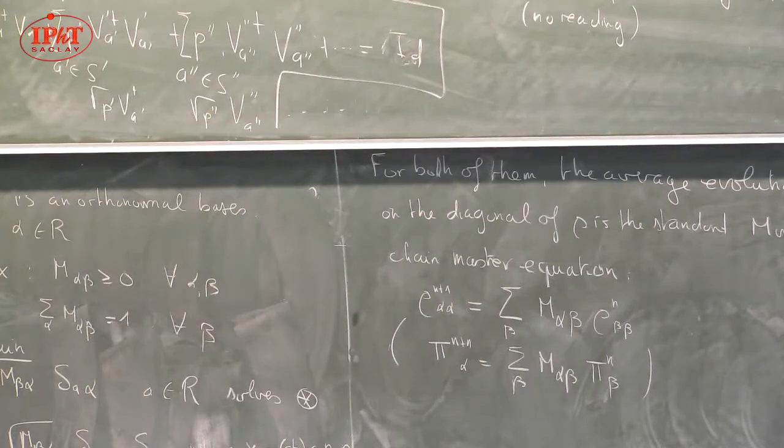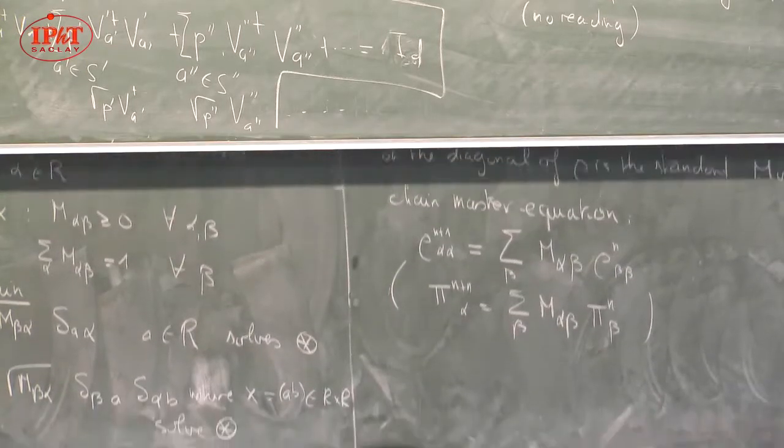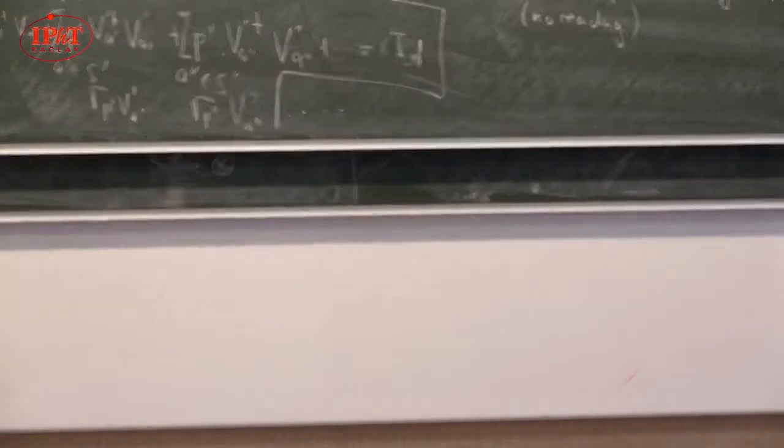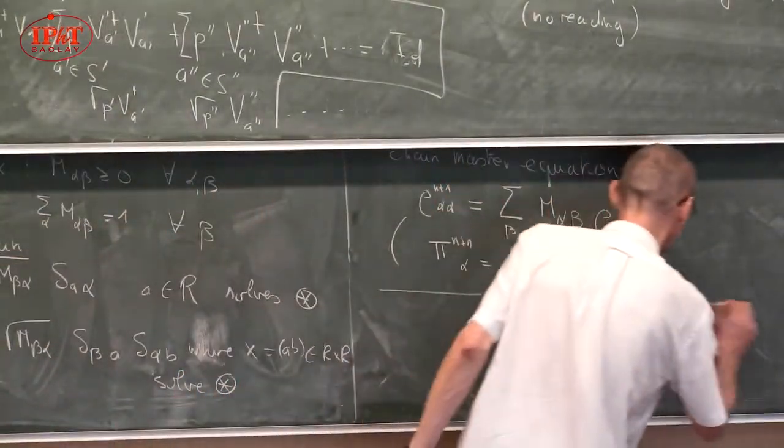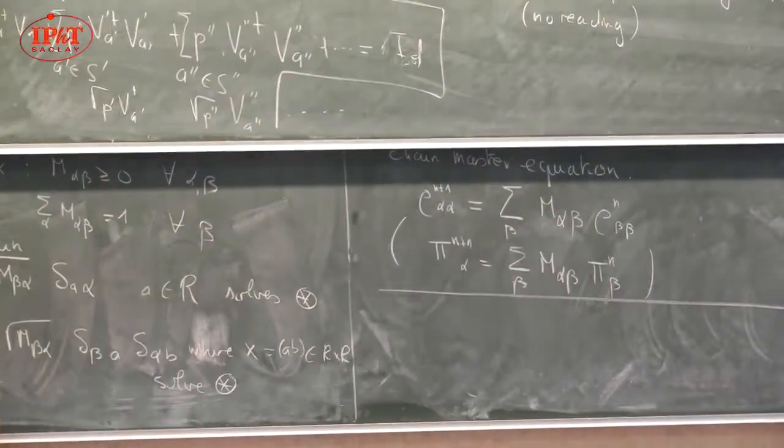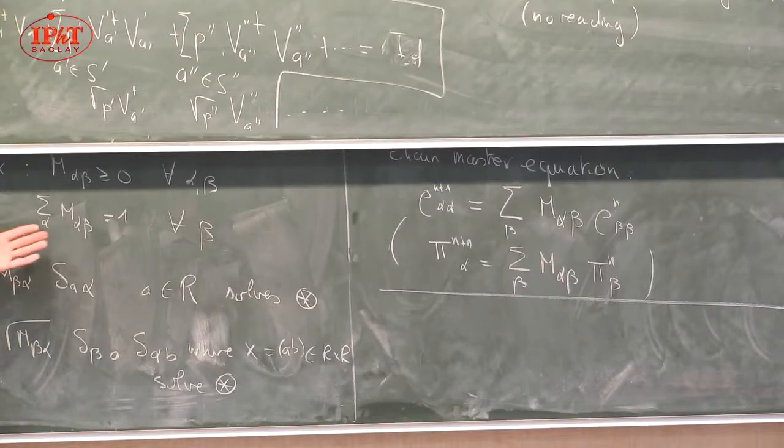But in fact, these two solutions have very, very different physical properties, and the difference can be traced to the following facts. This is a good exercise because, as you know, if you have a Markov matrix, M_{alpha beta} is just describing how you can move from state beta to state alpha with the way I wrote it.